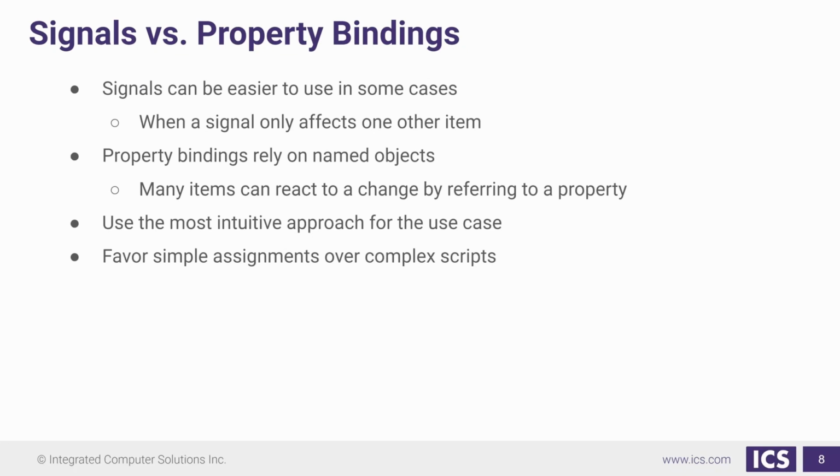A signal can be really easy in some cases where we're intending on changing one item instead of a collection of items. However, with a property binding based on a named object, we're able to bind properties of multiple items to that so they can all react to this property change.